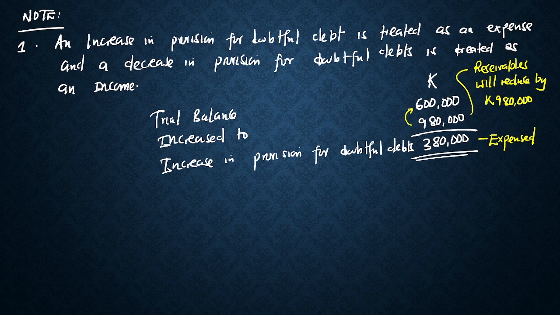Meaning, on the list of the people that you are doubting that they are not going to pay you, they have paid something, and that's how it has reduced to 600,000. So what has caused the reduction is the payment, the income that you have received. So that income is supposed to be added to your gross profit as an income.